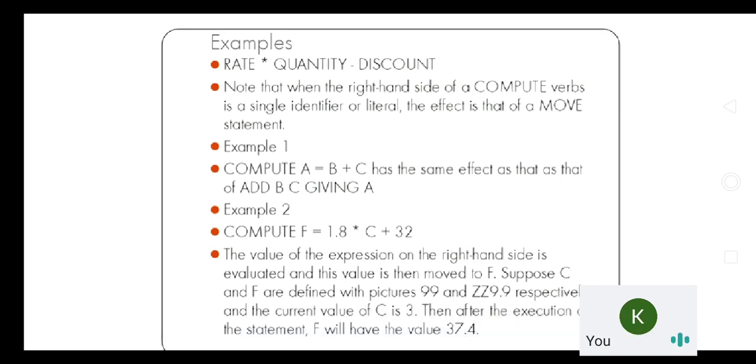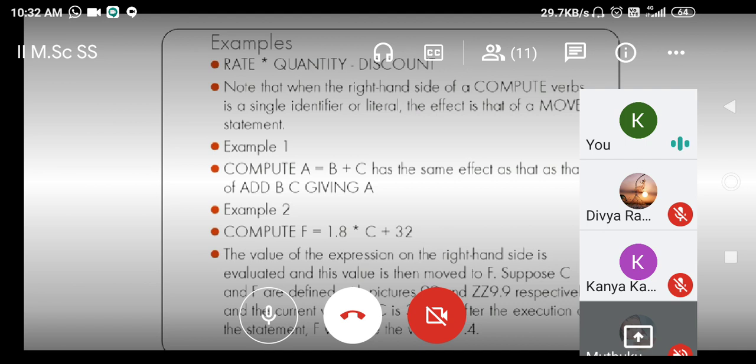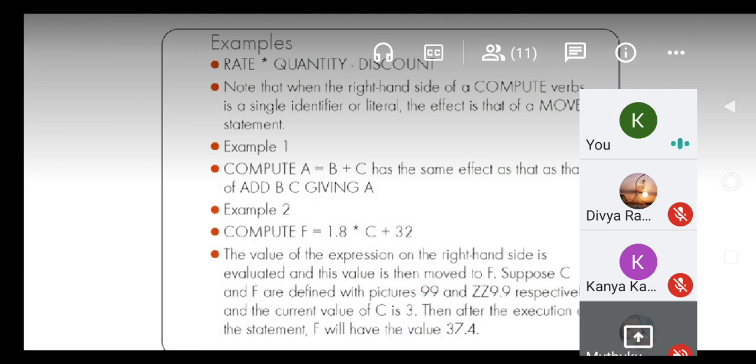For conversion purposes, we are using compute F equal to 1.8 into C, where C stands for the Celsius value, plus 32.